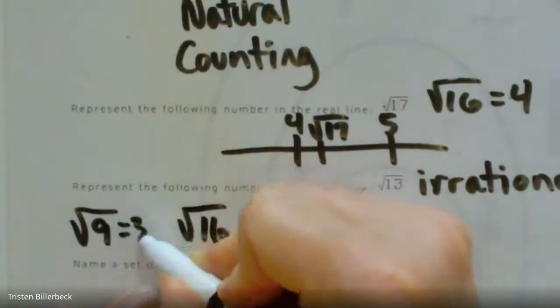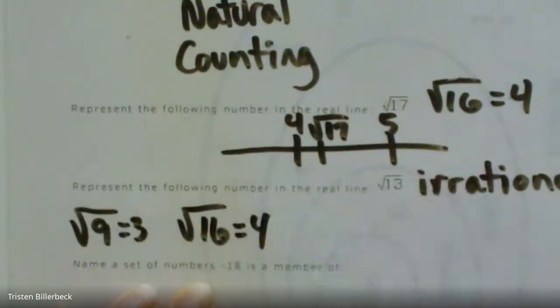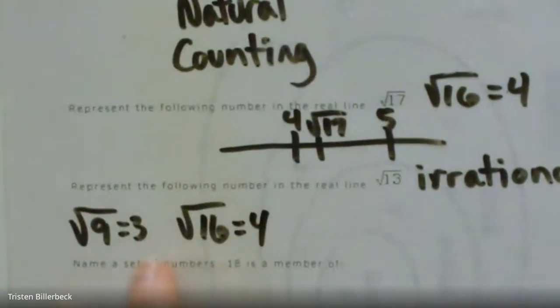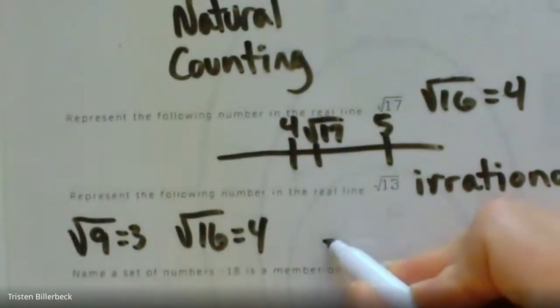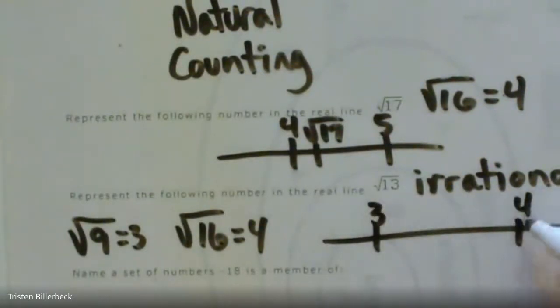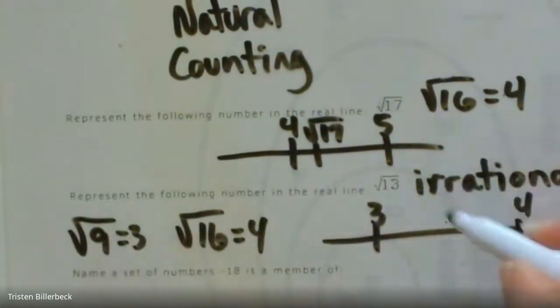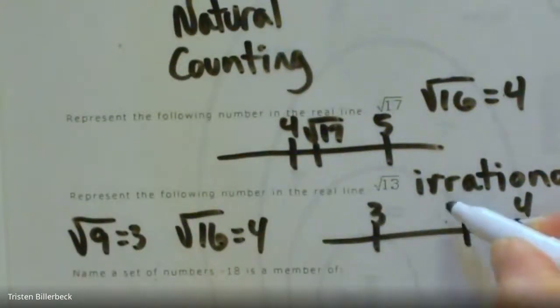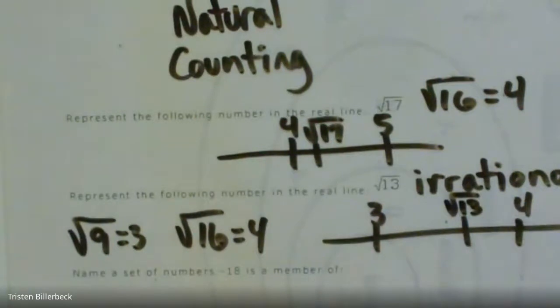So this is 3 and this is 4. That one is very much in between. So if we had 3 and 4, I would say square root of 13 is 3 away from this, and it's 4 away from that, so it's just a tiny bit closer to 4. So I put square root of 13 right there.